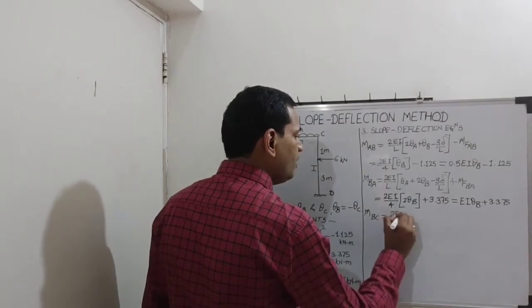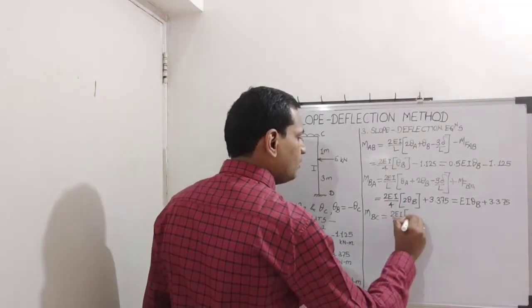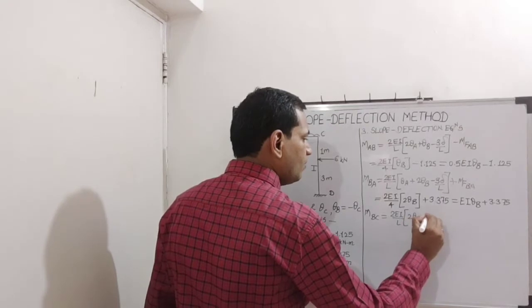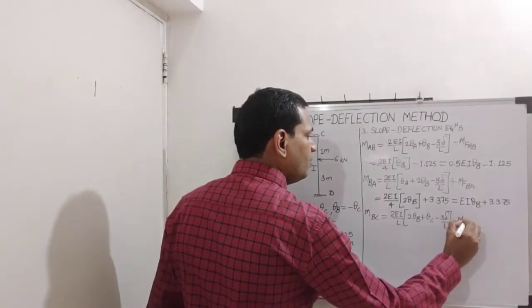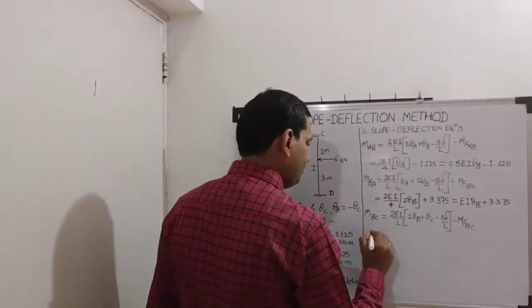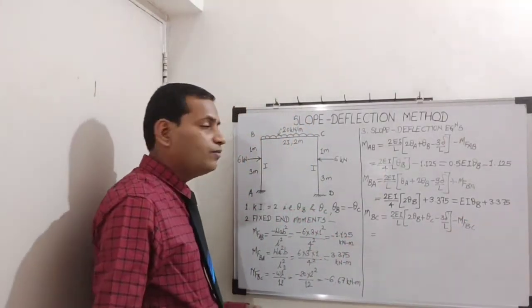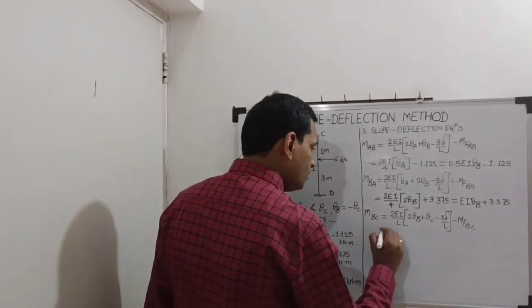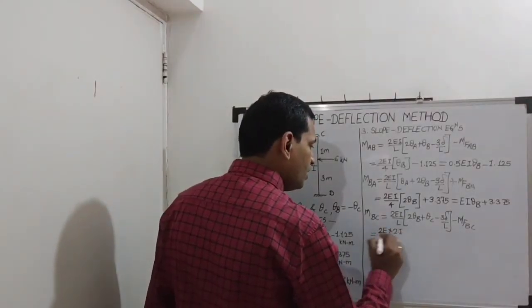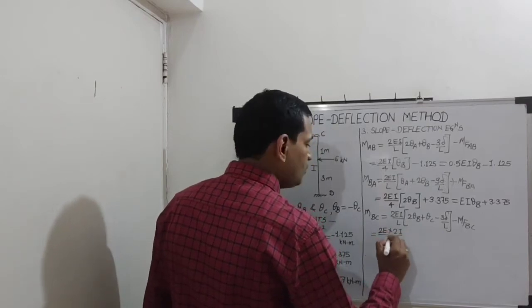MBC is 2 EI by L into bracket 2 theta B plus theta C minus 3 delta by L minus MFBC. Here the I value for span BC is 2I, so carefully substitute 2E into 2I. L for span BC is 2.